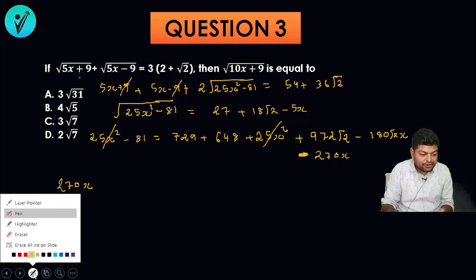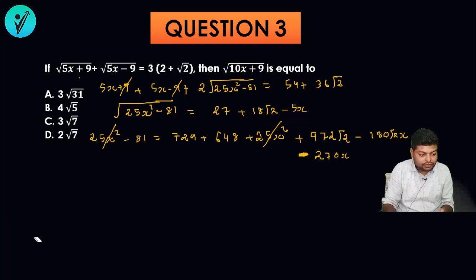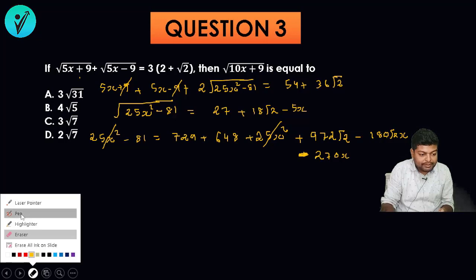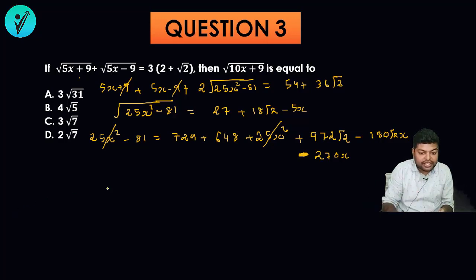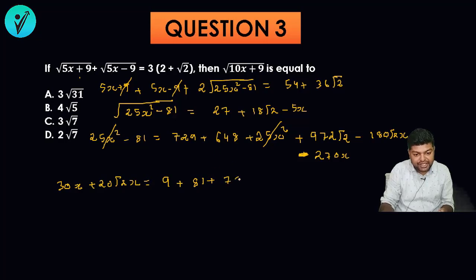We have to take 9 common also, right? So when we take 9 common, it will be 30x. Then we'll have 20 root 2x equals, shift this 81 to that side, it will become plus 81. So you'll be writing 9 plus 81 plus 63 is 72 plus 972. So 972 will be 102, right?